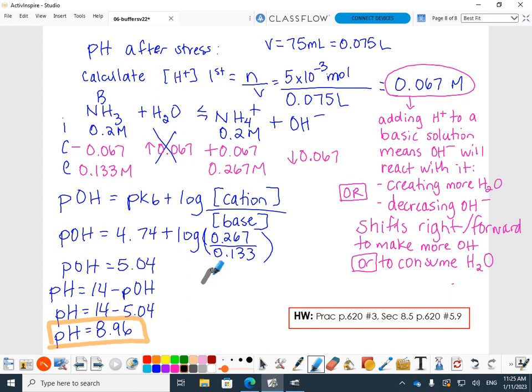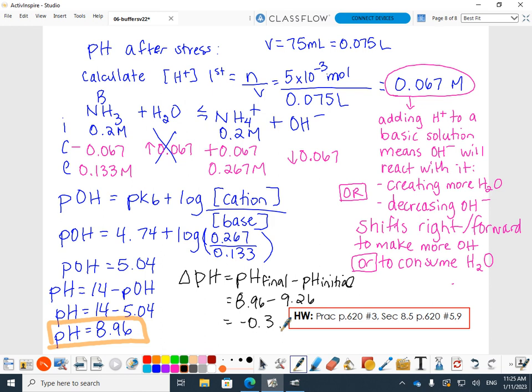Whoa. All right, so 0.3 is not that bad, not too bad.